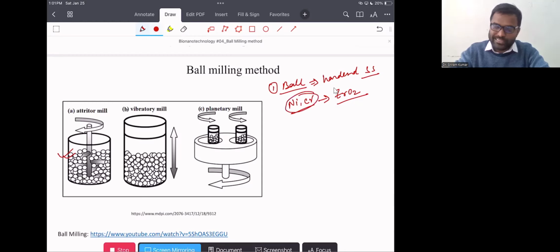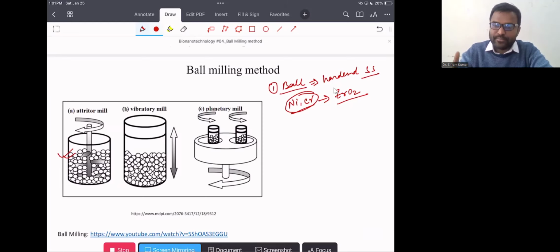Or maybe we can use tungsten carbide, titanium carbide, or zirconium carbide, which are very hard compared to nickel or chromium. So it depends on which kind of material you are going to use.